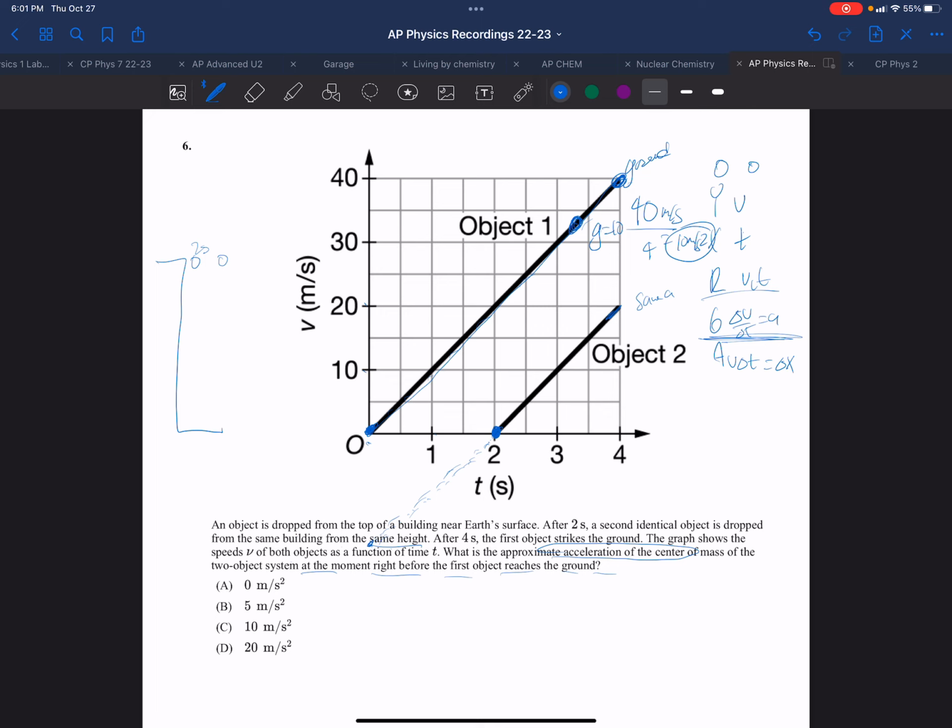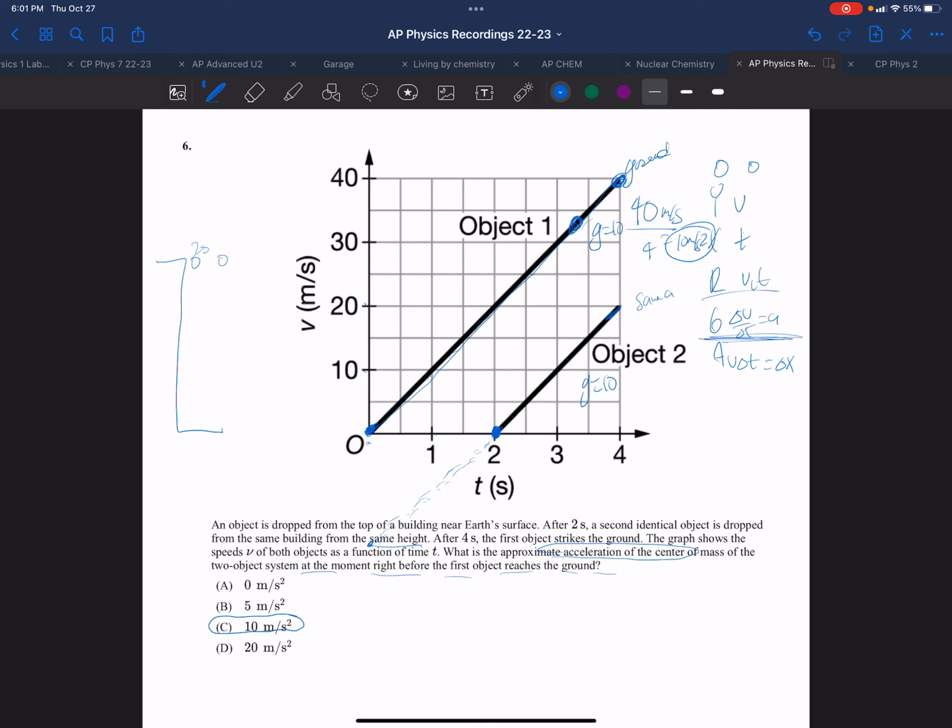And object 2 has an acceleration of 10. So wherever they are, that center of mass still has the same acceleration. So the center of mass acceleration is 10 meters per second squared. The whole system is accelerating at 10 meters per second squared.